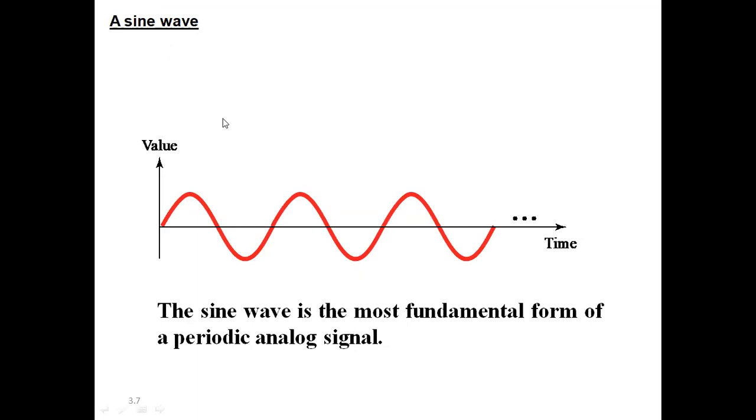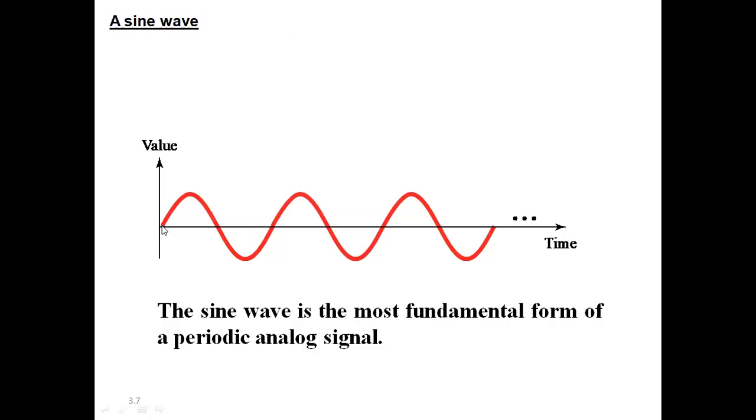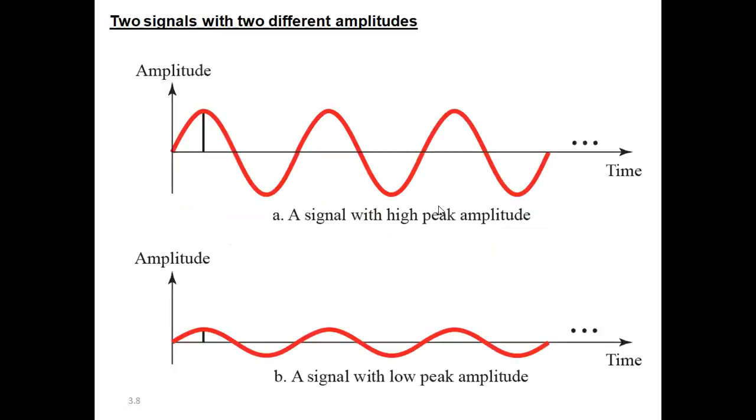So this is the fundamental form of a periodic analog wave. As you can see, the wave starts from here, goes here in a continuous manner, and goes here, and here it stops. So this is one cycle it has completed. Again it will repeat, and this will go on and continue.